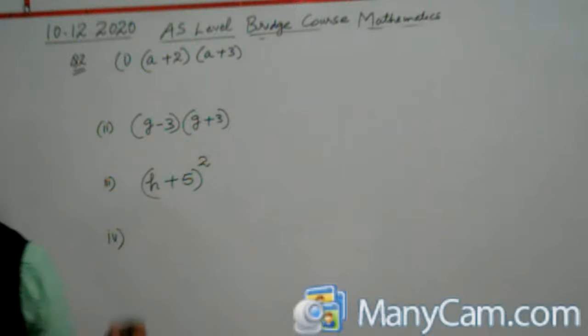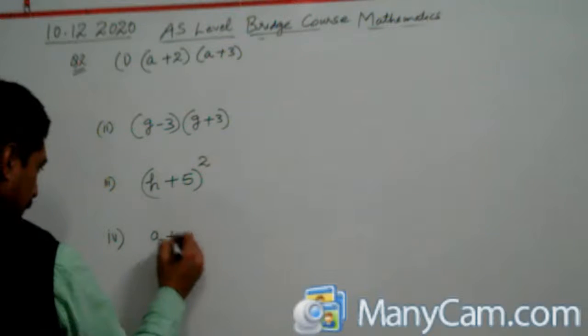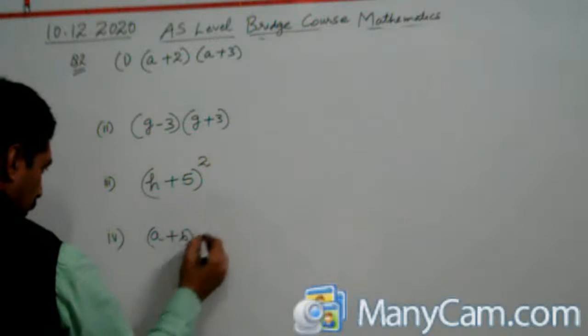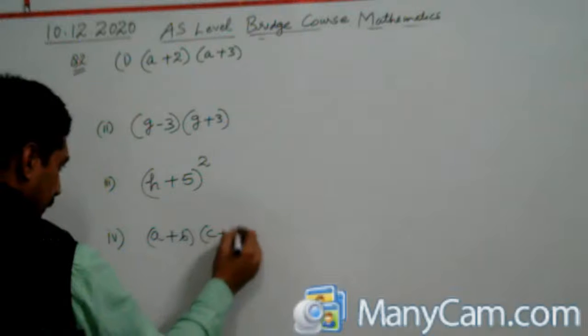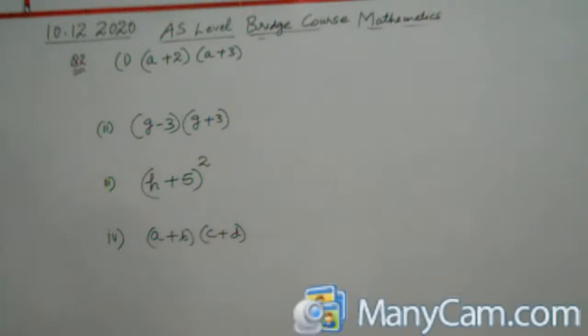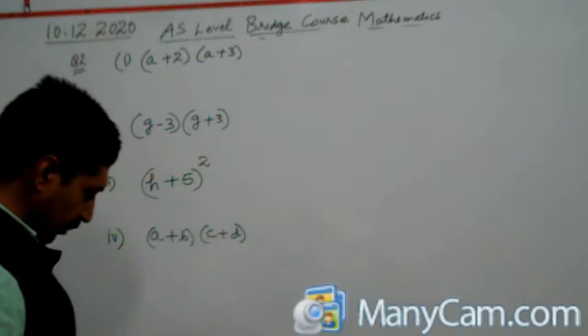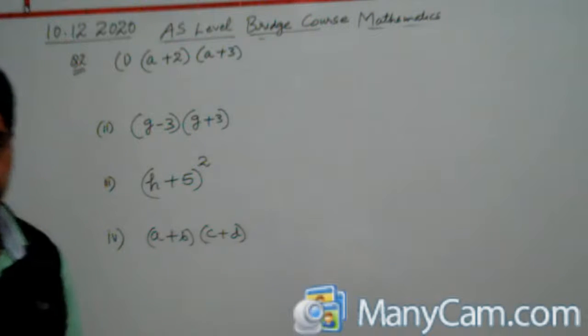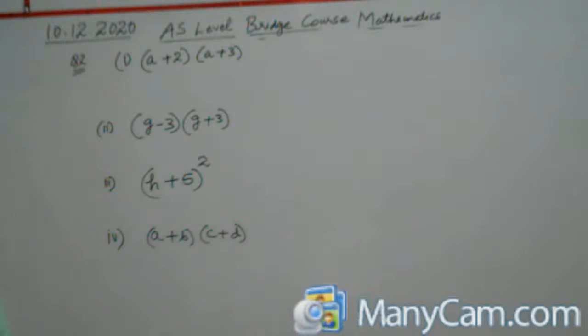Fourth part, a plus b into c plus d. So many parts, 10 parts are there. I am taking only 4 parts, right? So you can solve all the parts.